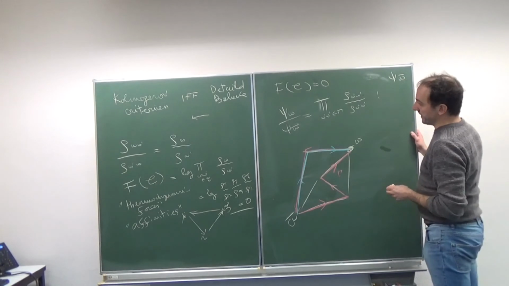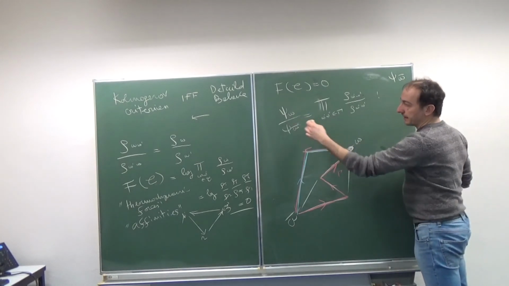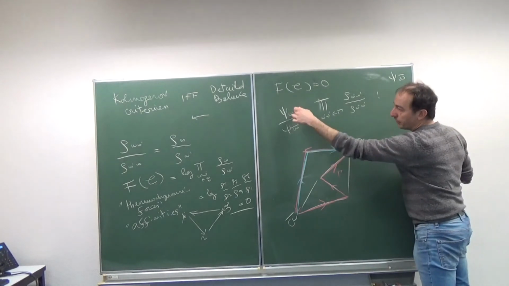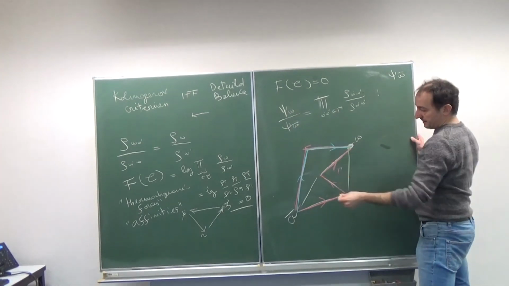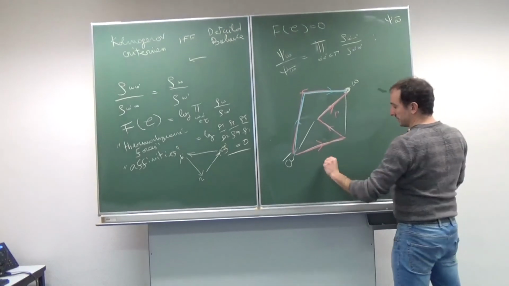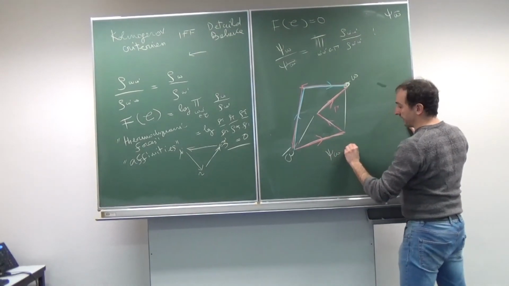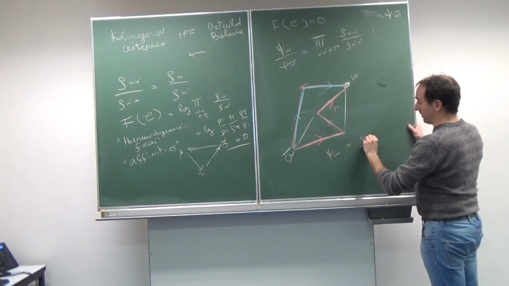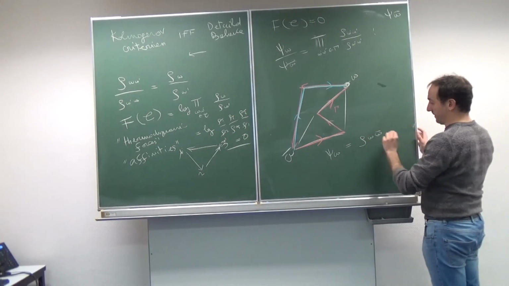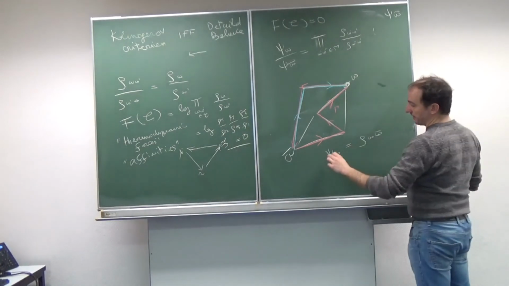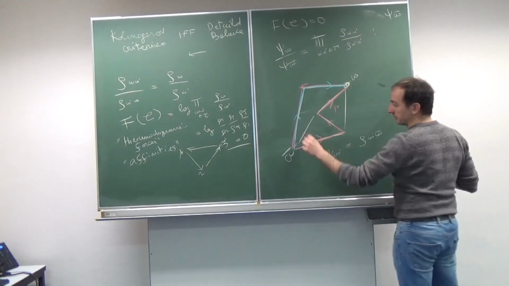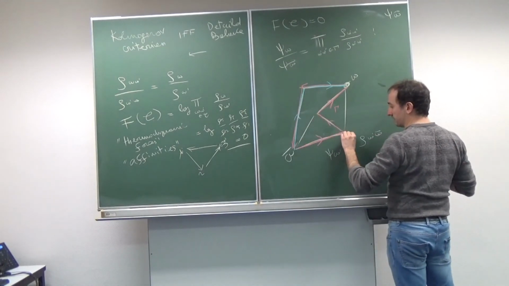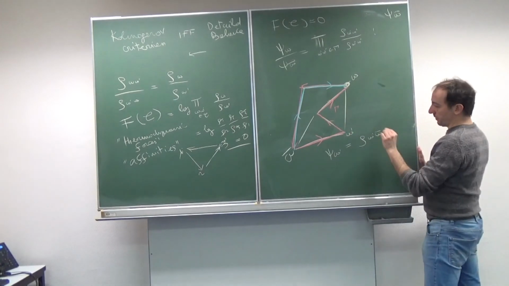But now let's take psi omega bar, a nearest neighbor of omega bar. So we can write that psi omega is equal to rho omega bar. So this is when, let's say, omega prime is first neighbor. Let's say this is omega prime to omega bar.